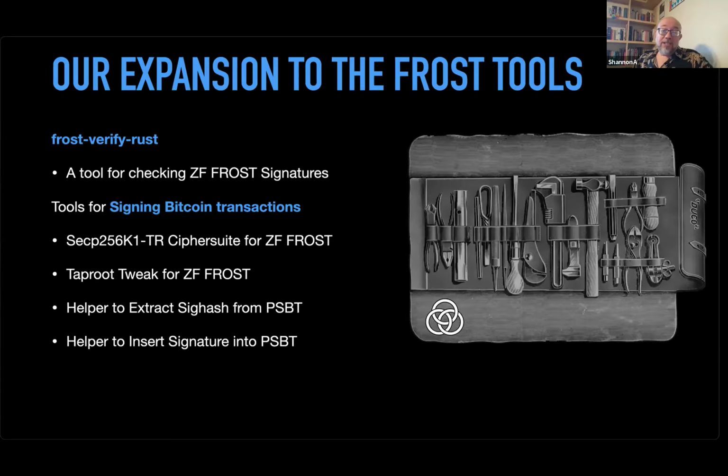The biggest thing, though, was we wanted to show how you could use Frost for Bitcoin transactions. And so Wolf made several tools, a couple of helper tools, and then some PRs for the actual ZF Frost tools to allow you to actually do a signature. He's got a demo of that that we have videos of, and it also appears in the Learning Frost course.